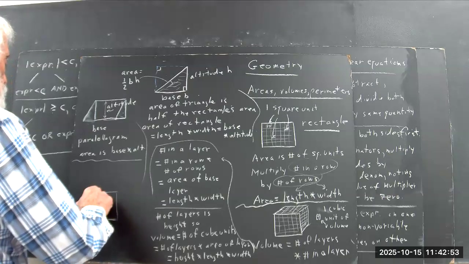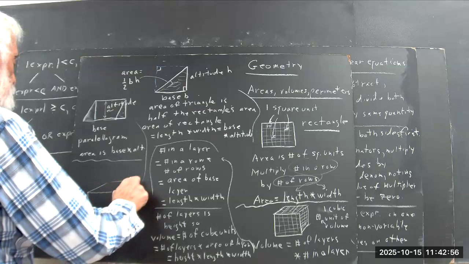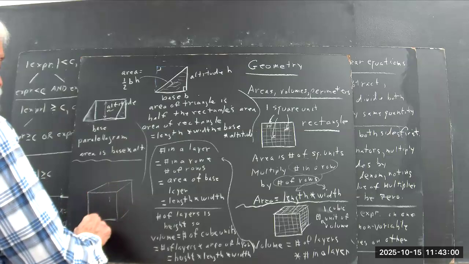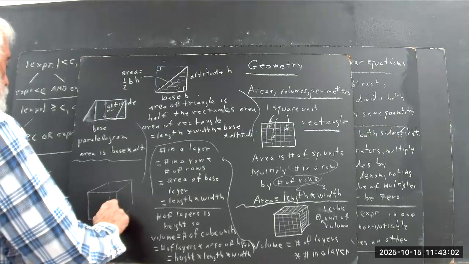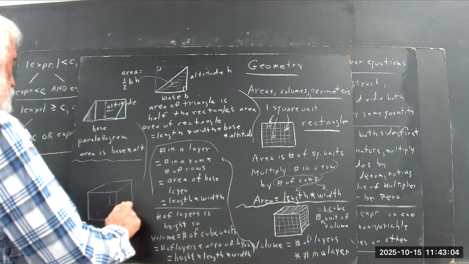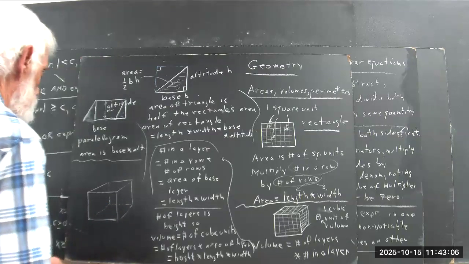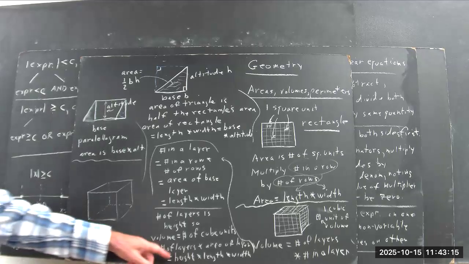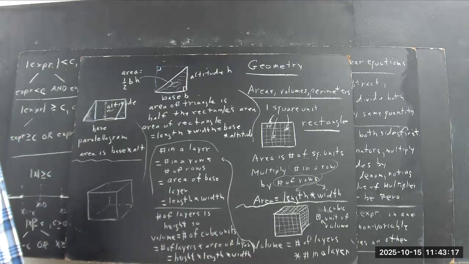Say we have a rectangular solid. The volume of the solid is its height times its length times its width. Okay?